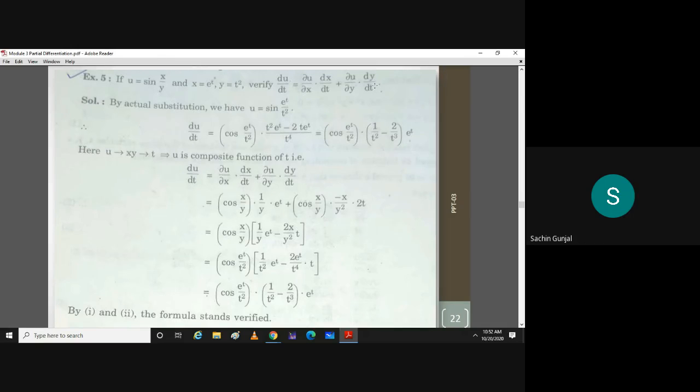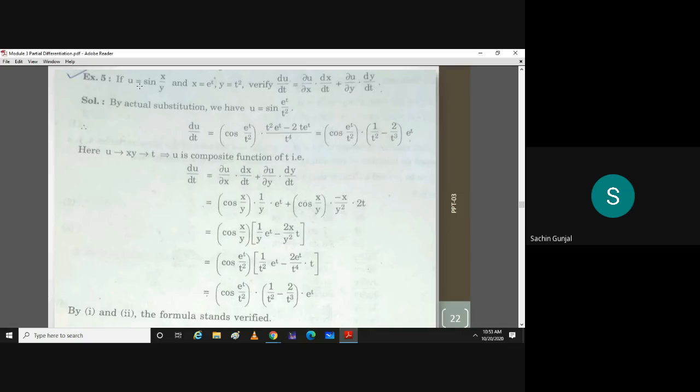Verification means you find the LHS and then you find the RHS. You multiply these derivatives and check whether it is the same as the derivative on the left hand side, that is du/dt. So let us find du/dt first of all.